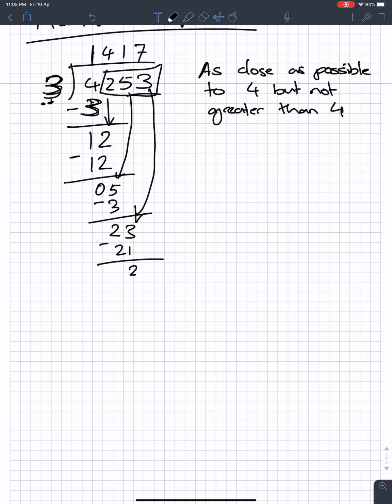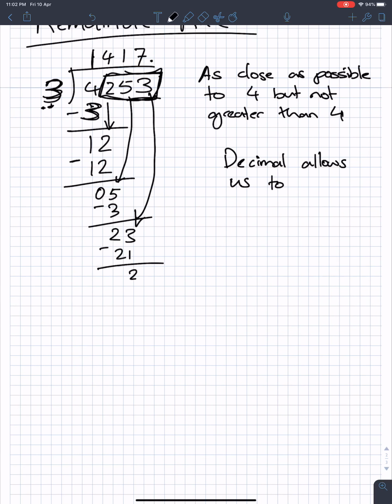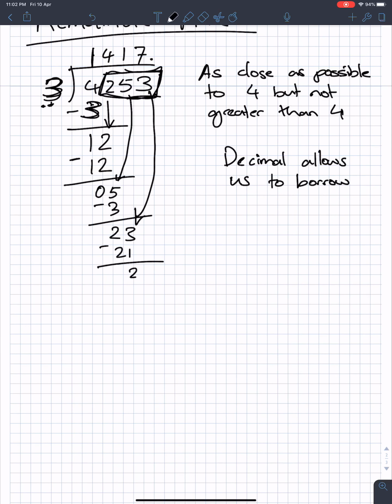Okay, but now we don't have any more numbers left up here, right? So what can we do? Well, we can put a decimal point here. Okay, this decimal point allows us to borrow an extra 3 zeros.